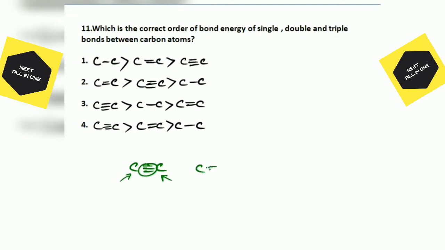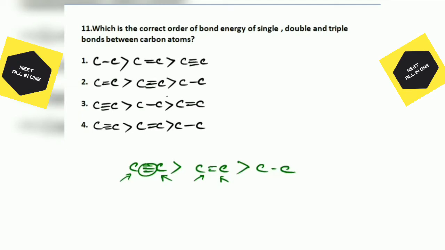In the second case, that is our double bond is present, its attraction will be comparably less than triple bond, right? But if we want to separate it, we have to give comparably less energy. And if there is single bond, we know that it will consume least energy to separate two carbon atoms, so their energy series will be like this, right?